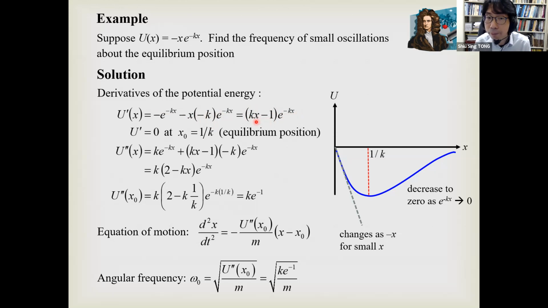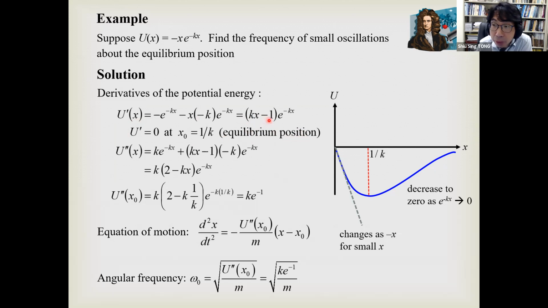Now I notice that U prime is 0 when kx minus 1 is 0. And that exactly corresponds to this point, the minimum point. The minimum point has a 0 first derivative of U. So U prime is 0 at this point where x equals x naught, equal to 1 over k. That is the equilibrium position.